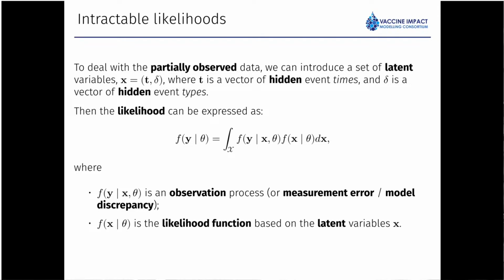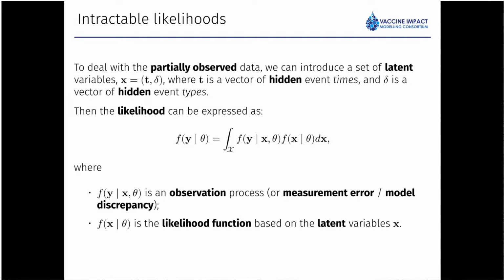And as yesterday, I'm going to use Y to denote the observed data. Okay, theta are the parameters of my model, however many of those I've got. And I'm going to introduce a set of variables x, okay? And these are going to correspond to the exact events that happen and when they happen, right?